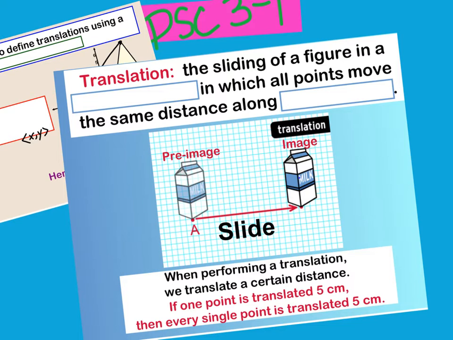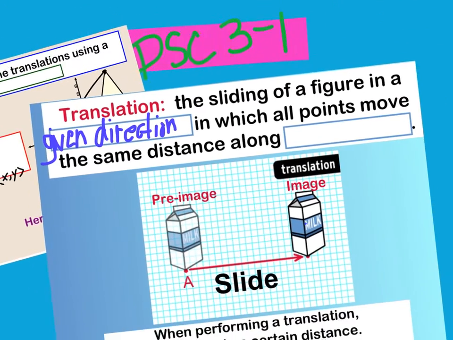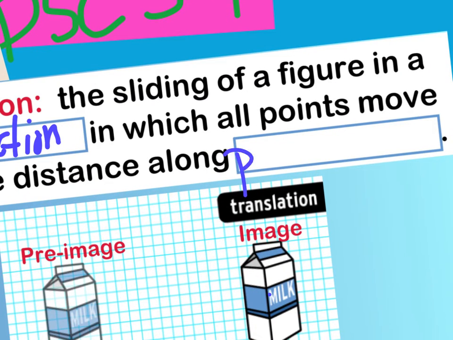The first is translation. A translation is when you slide a figure a given direction and all the points will go the same distance along parallel paths.